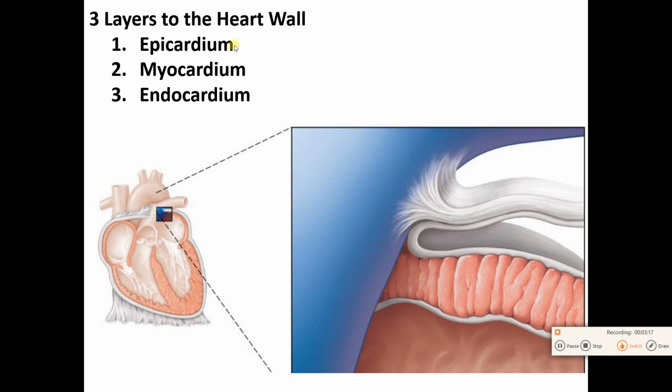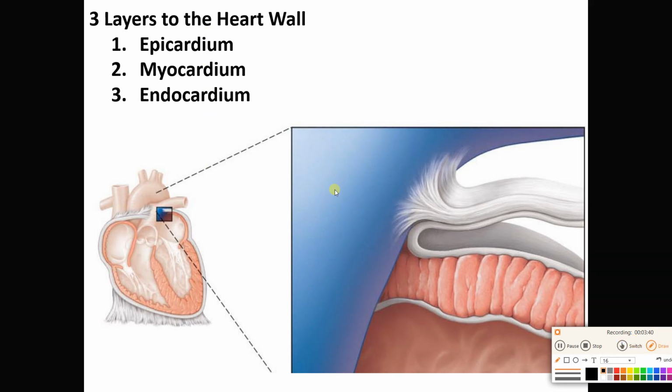There is an outer layer called the epicardium, a middle layer called the myocardium, and then an inner layer called the endocardium. So epi, outside, cardium, heart; myo, muscle, cardium, heart; endo, inside, cardium, heart. Those are my 3 heart layers.